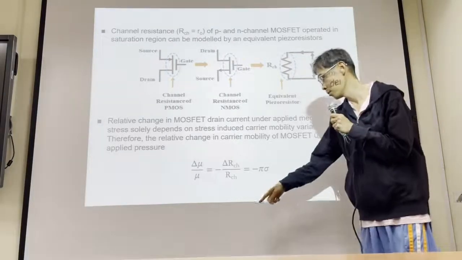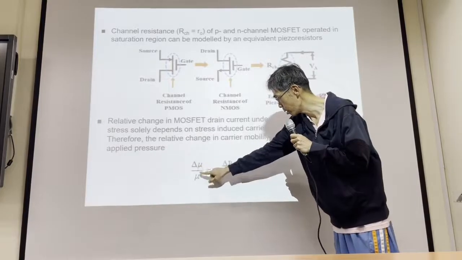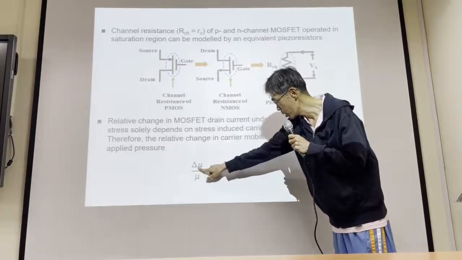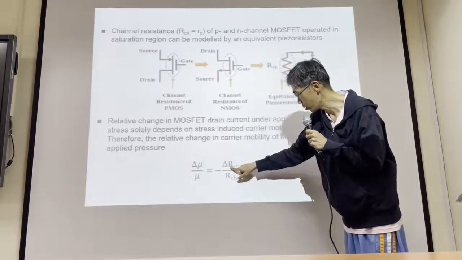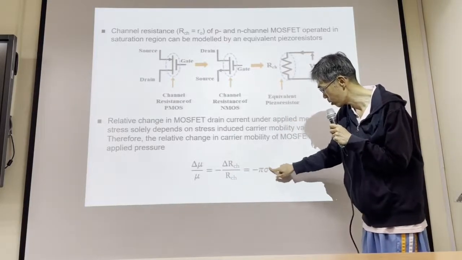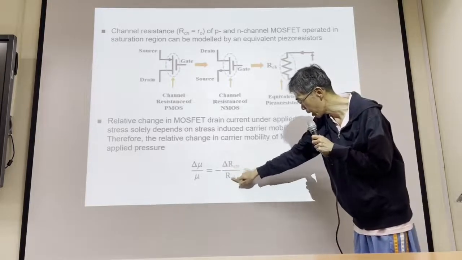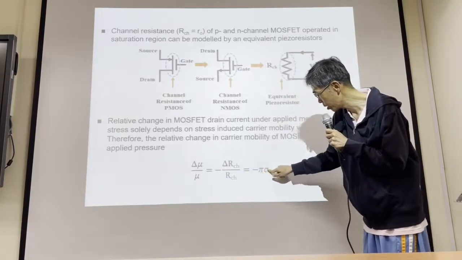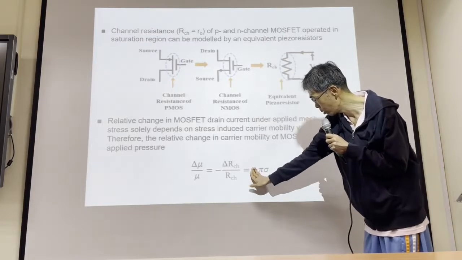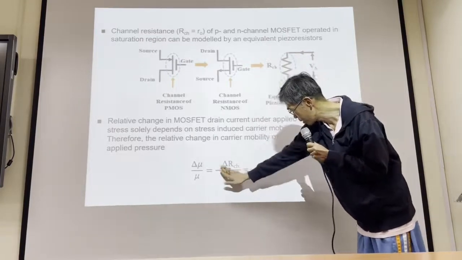Okay, good, thank you. Remember, R changes because mobility changes, and mobility changes because of pressure stress. So remember this equation, delta R divided by R equals minus pi sigma. So you can ignore this minus sign. If you ignore the minus sign, this one is a piezoresistor.